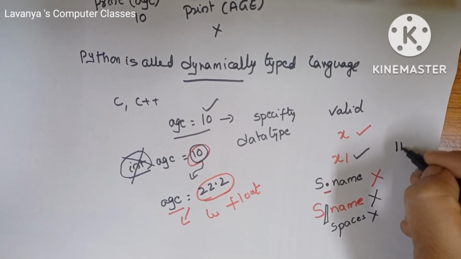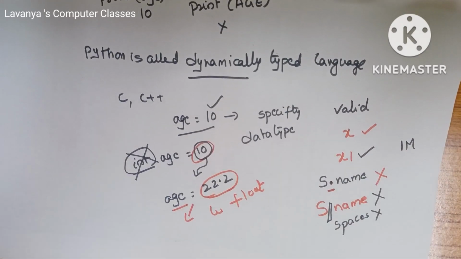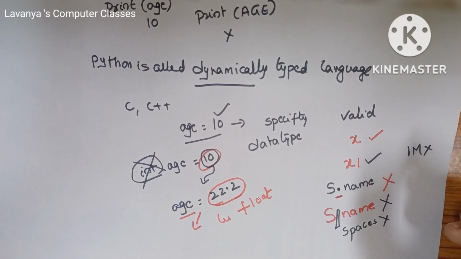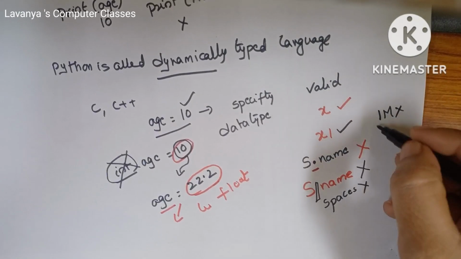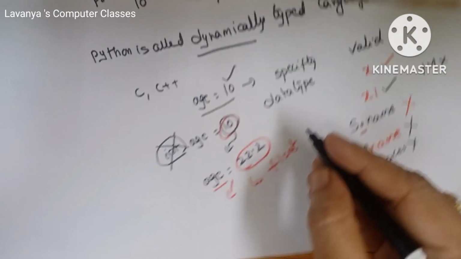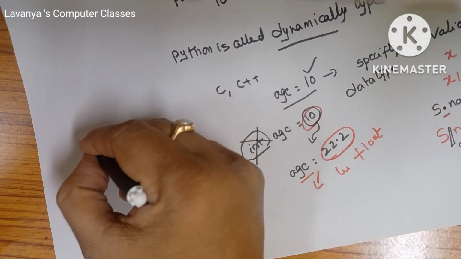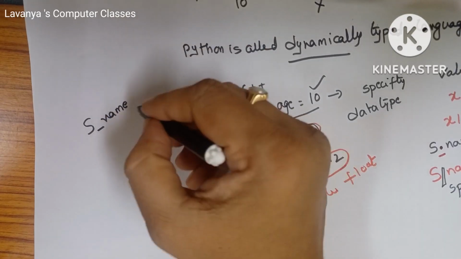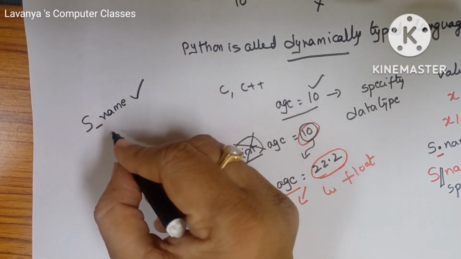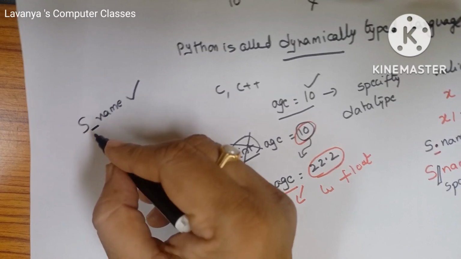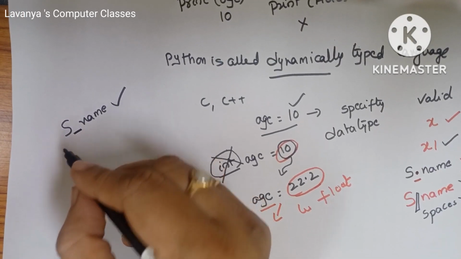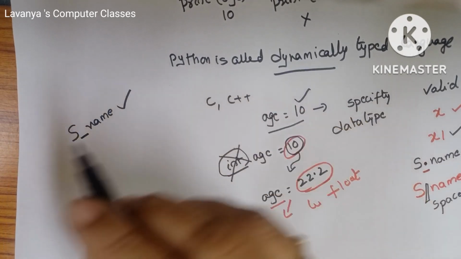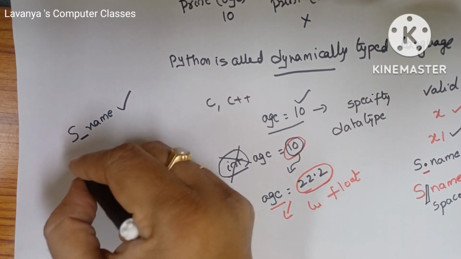1m: is it an acceptable variable? No, it is an invalid variable name. Why? It starts with a number. For example, s_name: is it a valid variable? Yes, it is a valid variable because underscore is the special symbol allowed for giving names to variables. Only underscores are acceptable, not any other special symbols.